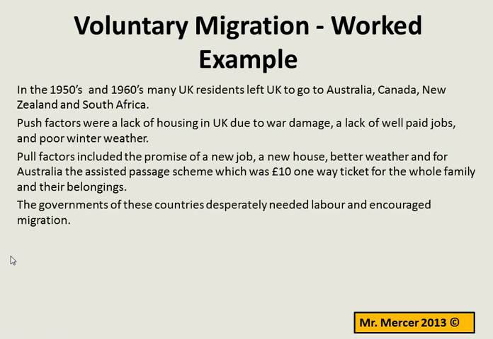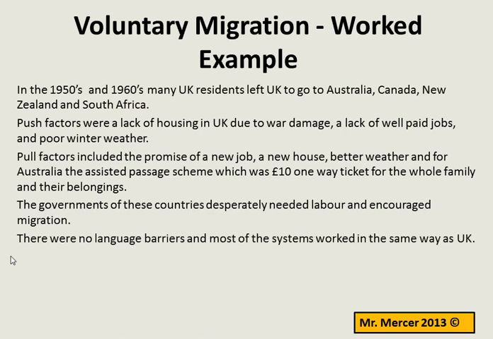The governments of countries such as Australia desperately needed labour, especially skilled labour, and therefore they were encouraging migration. There was no language barrier to stop you, and most of these systems, that means bureaucratic systems, cultural systems, court systems, the country functioned much in the same way as Britain did, and that encouraged people to move.